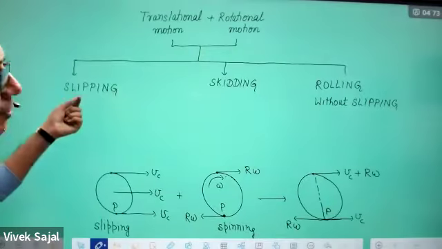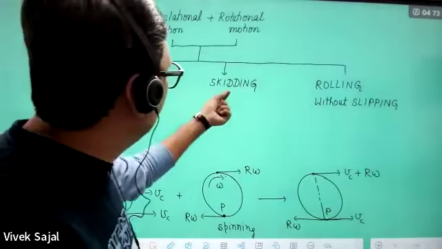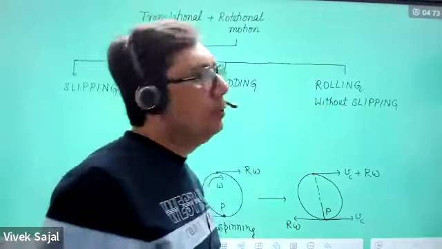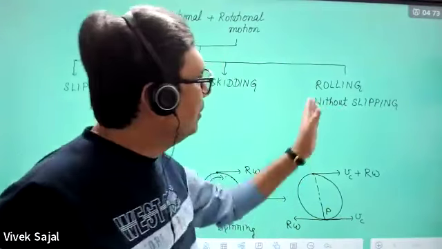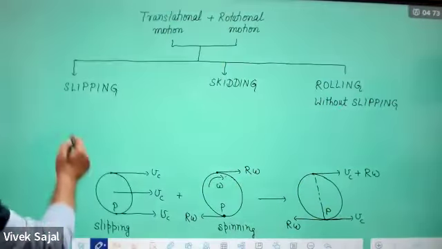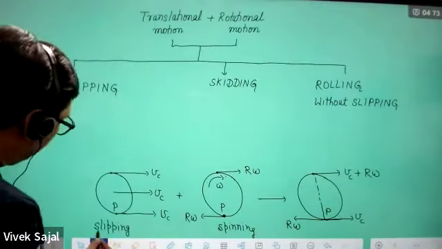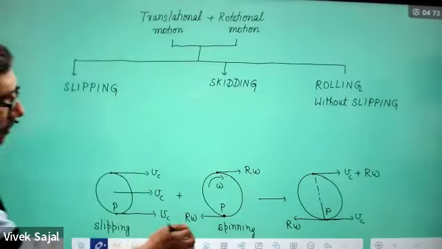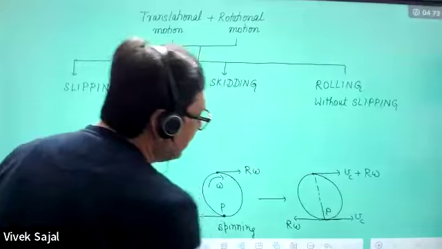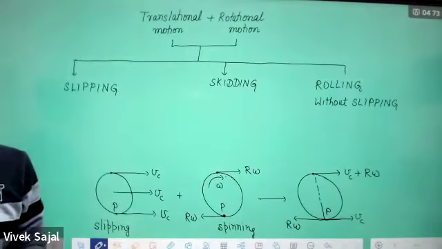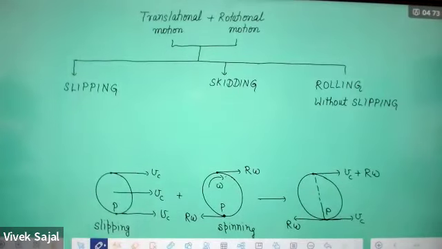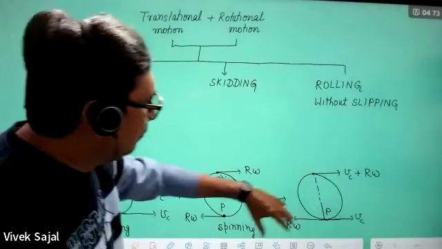Now corresponding to this situation, you can have three cases. One is known as slipping, another is known as skidding, and the third is known as rolling without slipping. So first is slipping. Slipping means, try to understand, slipping is going to take place when this object is going to slip in the backward direction.